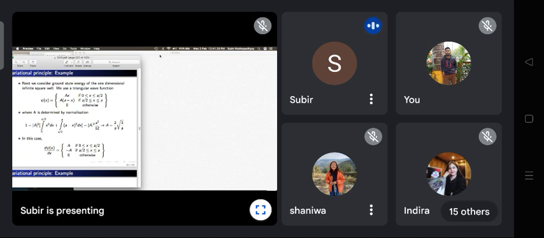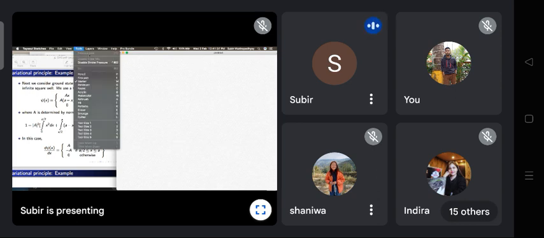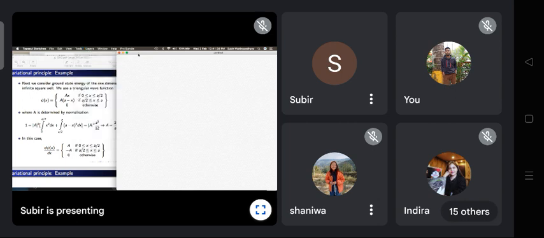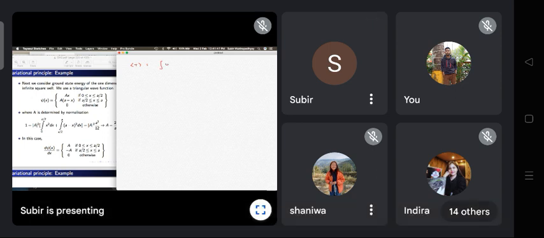Once again we know that T is the integration of psi star times minus h bar squared by 2m d squared dx squared psi.